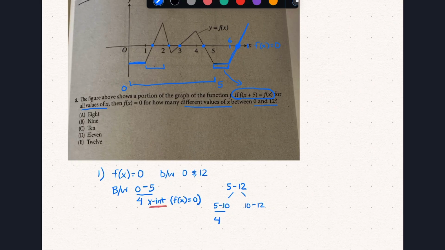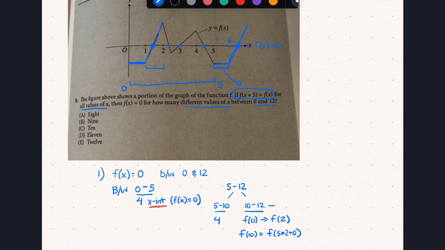And for the portion between 10 and 12, well, that's going to behave similar to f of 0 to f of 2, because f of 10, in other words, is f of 5 times 2 plus 0. So we would expect the function between 10 and 12 to look like it does between 0 and 2, where there's one x-intercept.